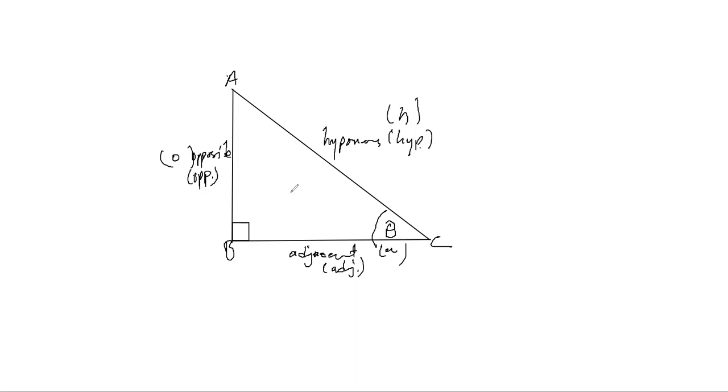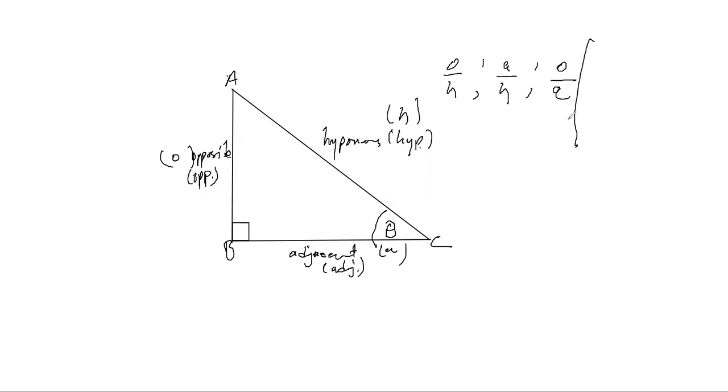Now, what I want you to understand is that from that little exercise we had, we can write the following ratios. I can have the ratio opposite over hypotenuse. I can also have a ratio adjacent over hypotenuse, which is the one that you did a little experiment with and didn't realize, and now you realize. And I can also have a ratio opposite over adjacent.